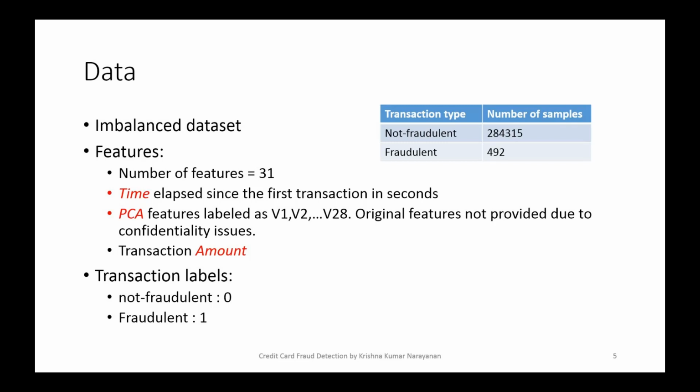The providers gave us only the PCA features and not the original features due to confidentiality issues. Then there is another feature, the transaction amount. The labels are 0 for non-fraudulent and 1 for fraudulent.